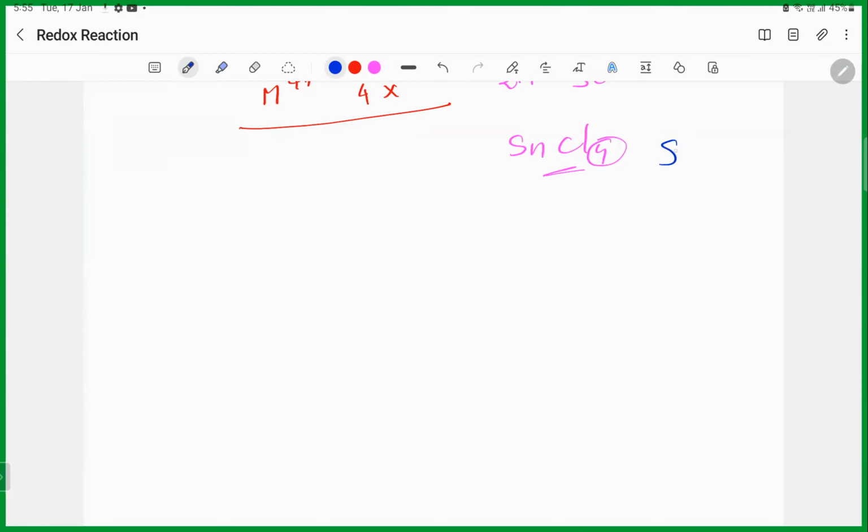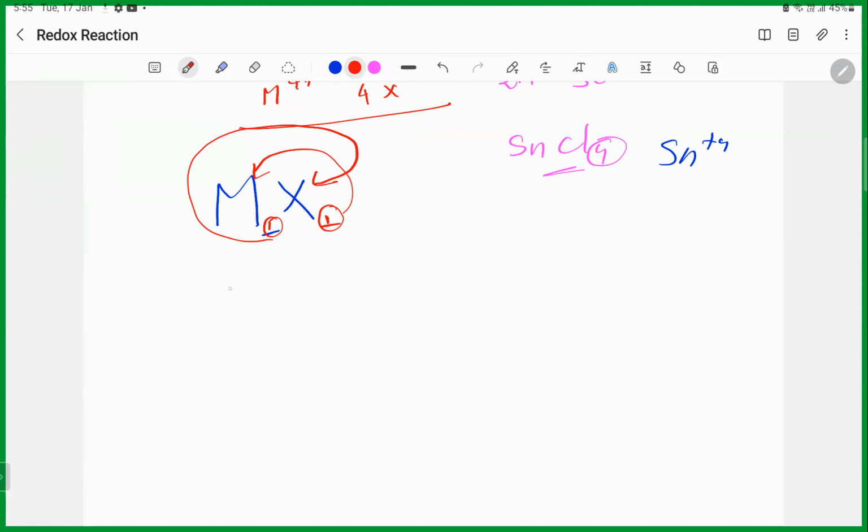Tin will be Sn4+. So you take an example, metal X, it will be number 1. This will go to the oxidation state of your metal, and this will go to the oxidation state of your non-metal. The positive element only we write first.